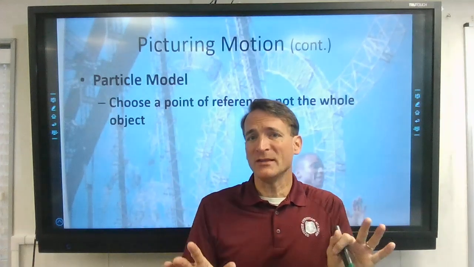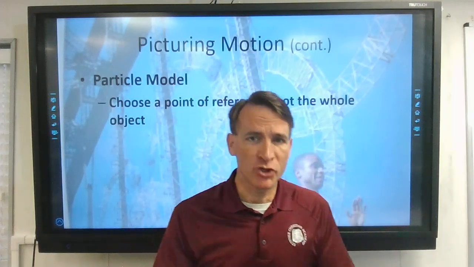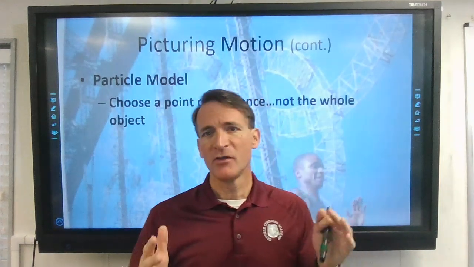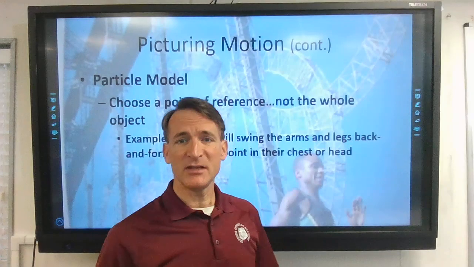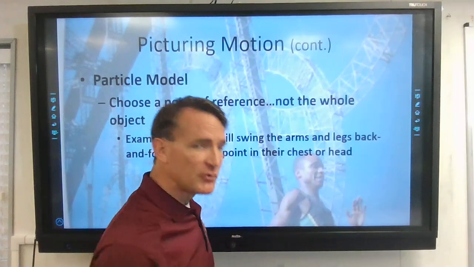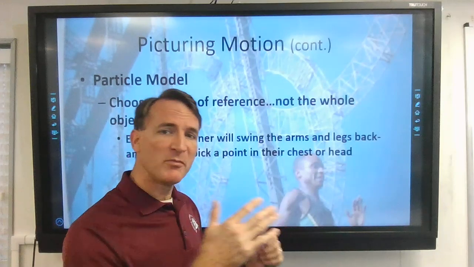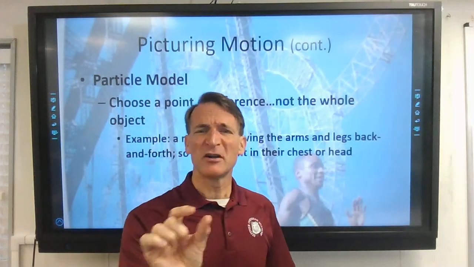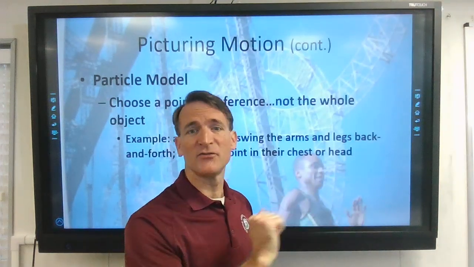So what points on a human being that is running would you choose in order to get a true representation of the individual running? If you said the head, that's a fairly decent guess. Some people do bob their head a little bit, so you might get a little bit of going back and forth, but it's going to be fairly minimal. We're talking about a couple of inches, as opposed to the hand, which could be several feet difference.